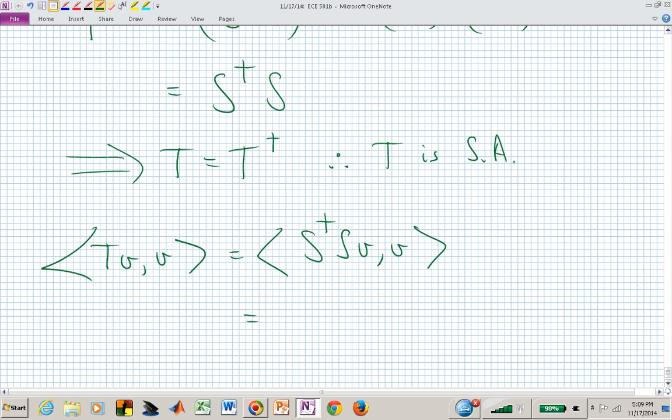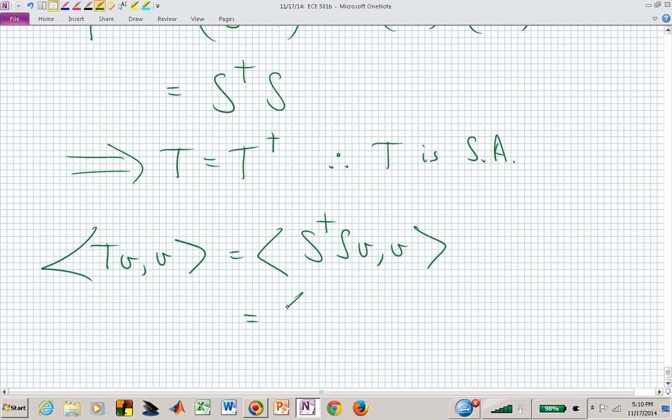And what happens when we move an operator from the first slot to the second slot? We have to take its adjoint, don't we? That's the definition of the adjoint. So if we want to move this S dagger from the first slot to the second slot, we need to apply S dagger dagger in the second slot.